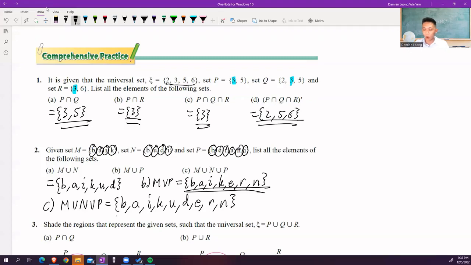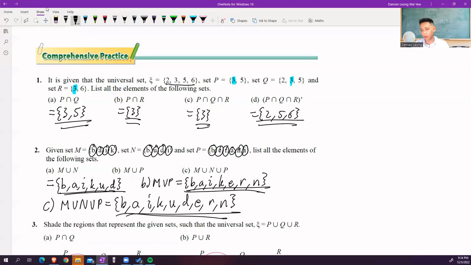The order of how you write it is not very important. If you want to, you can arrange it in alphabetical order. Most likely the marking scheme will use alphabetical order, so you can always arrange it that way so that it's easier for your examiner to mark.